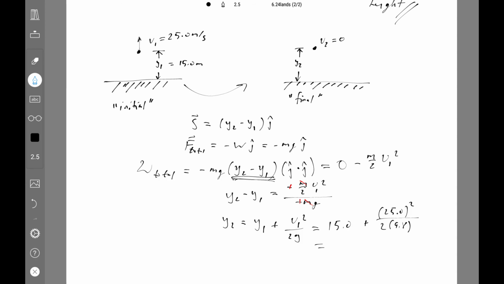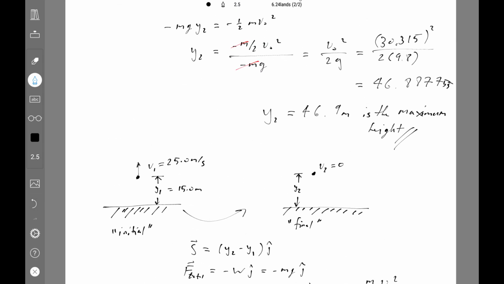Did I mess something up? I get 46.88, so 46.9 meters.